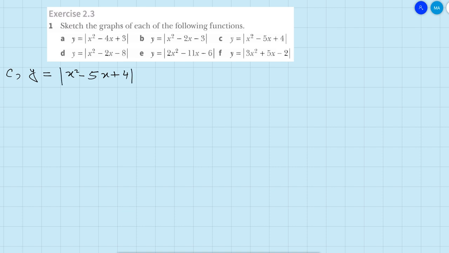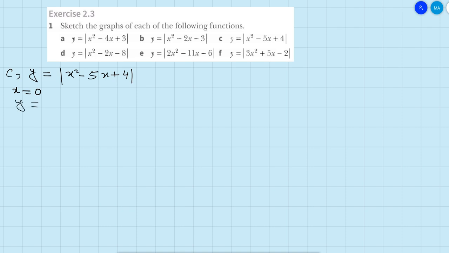This is part C. X square minus 5x plus 4, absolute. Now we have to follow all previous steps. First put x is equals to 0 to get y-intercept. And you should keep in your mind that first we have to consider the given equation without absolute sign.